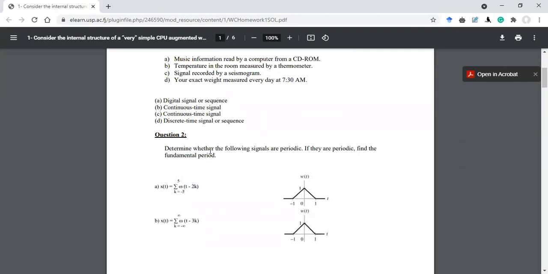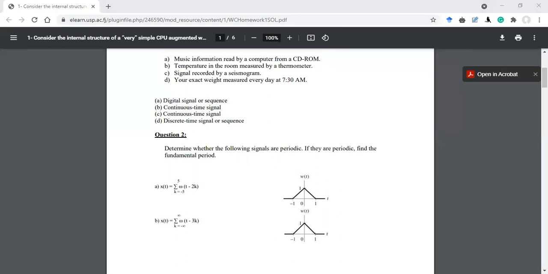Question number two is to determine whether the following signals are periodic. If they are periodic, find the fundamental period. So do you think this particular signal, question number 2A, is periodic? Let me see.